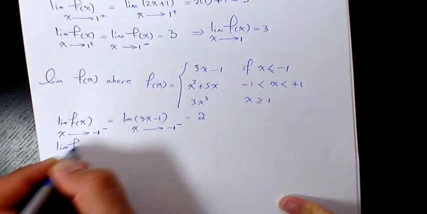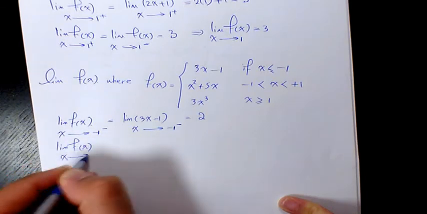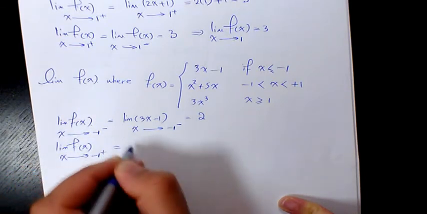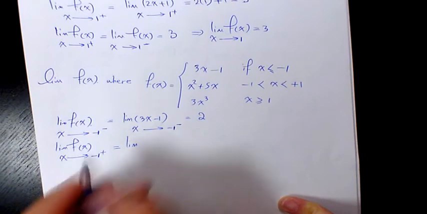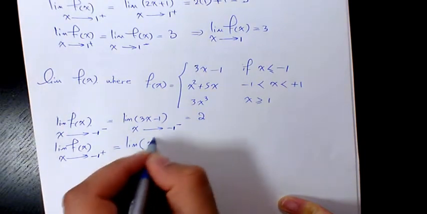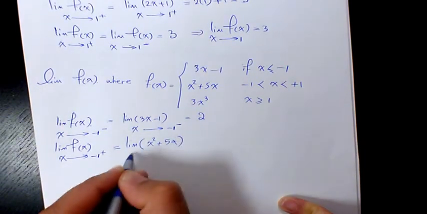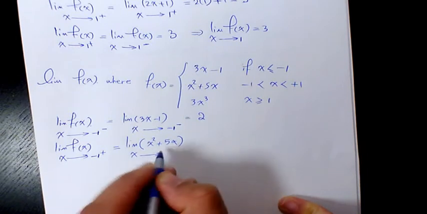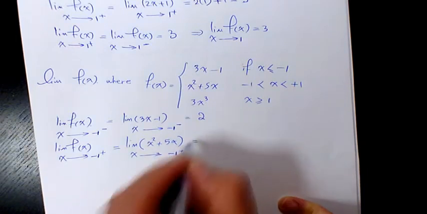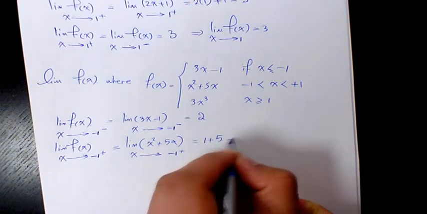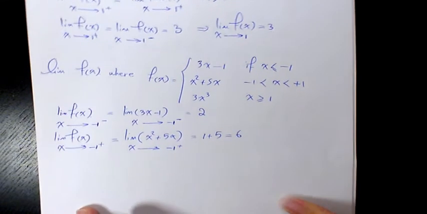The limit of f of x when x is approaching -1 plus is the limit of x squared plus 5x when x is approaching -1 plus. That's going to be 1 plus 5, equals 6.